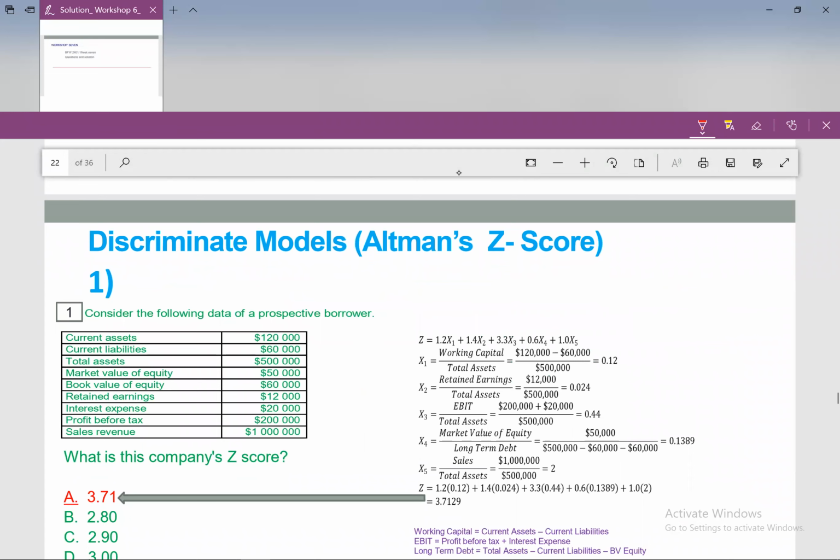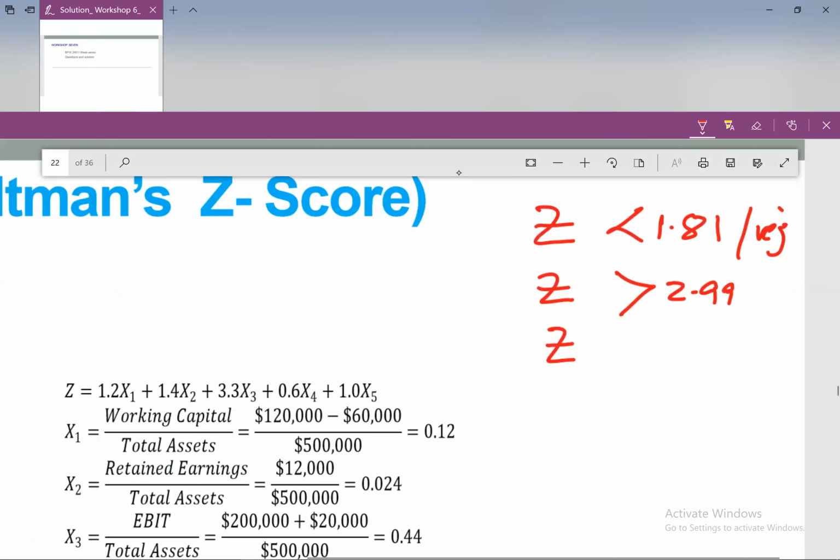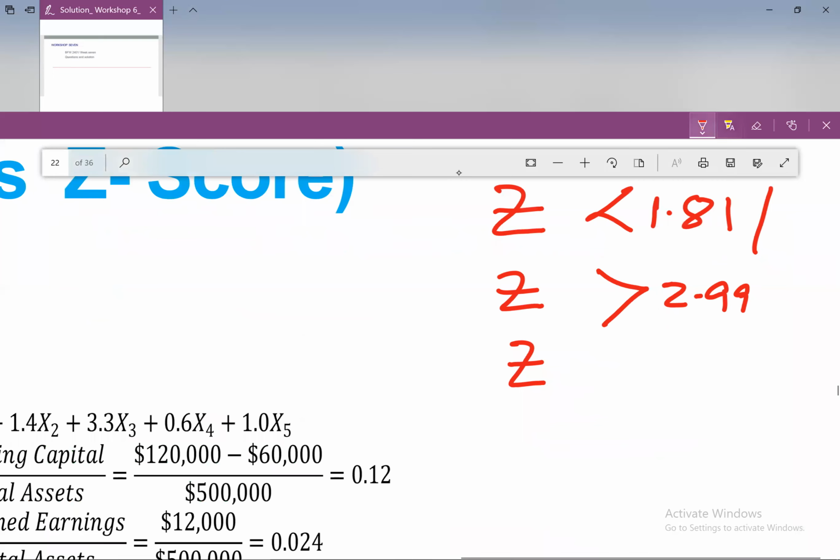This is a discriminant model, which is the Z-score. And we already said that the Z-score, from Altman, is either below a cutoff, which you reject, or above a cutoff, which you accept.